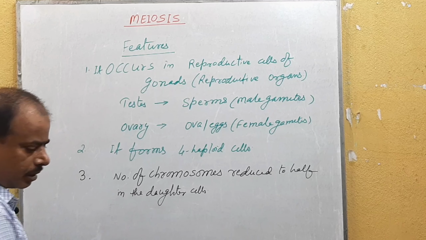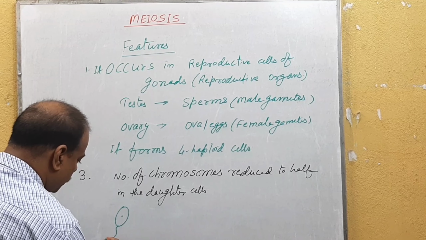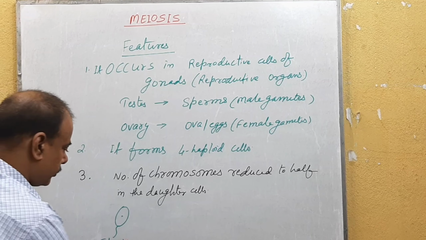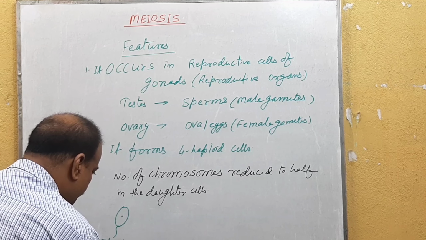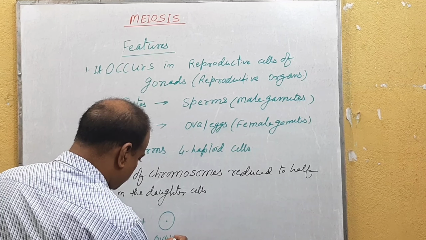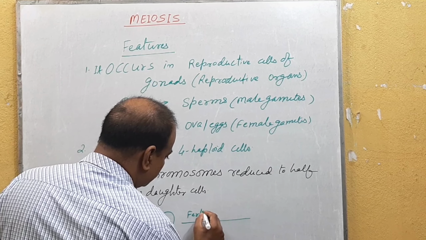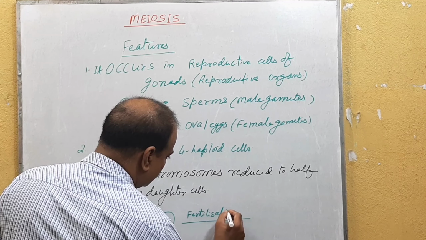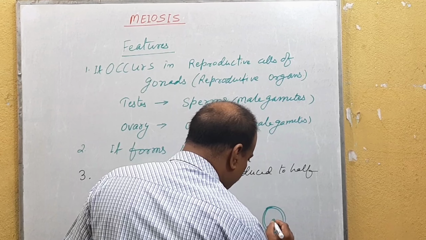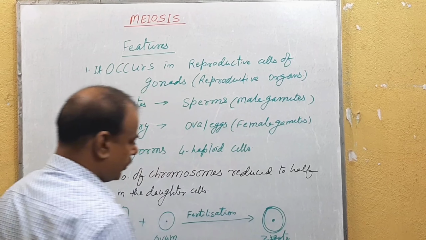Suppose in the sperm, n number of chromosomes are present, whereas in the ovum, n number of chromosomes are found, and during fertilization, a zygote forms and it contains 2n number of chromosomes.